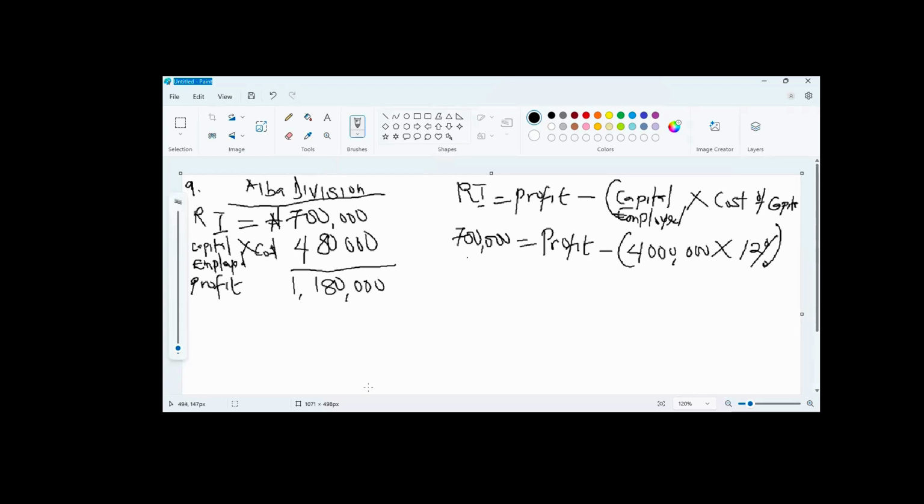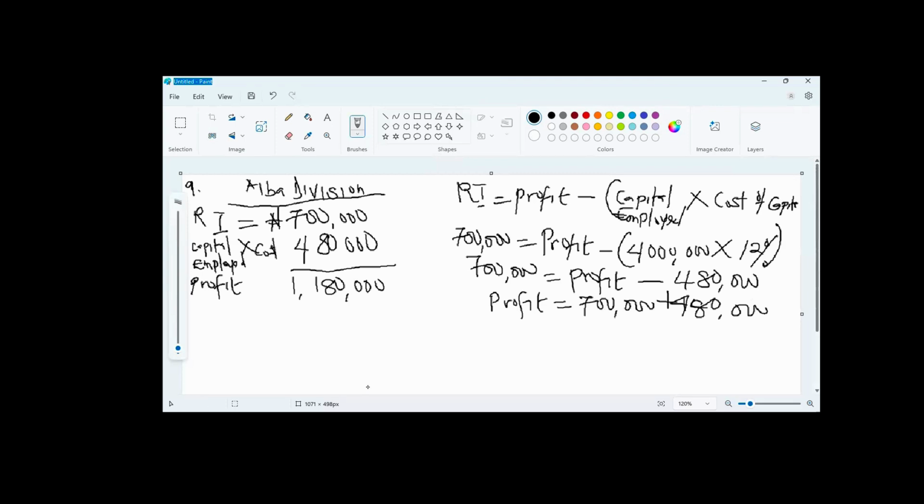This will give me 700,000 is equal to profit minus 480. My profit is equal to 700,000 plus 480. I've just done this to show you the work. We have gotten the profit. I want to know the sales value of Alba, the total sales value. Add fixed cost, the divisional fixed cost.